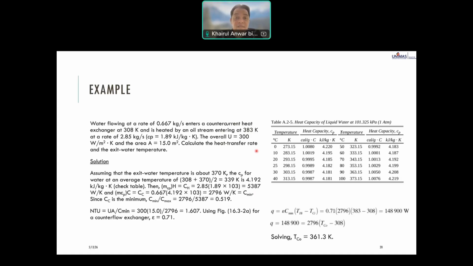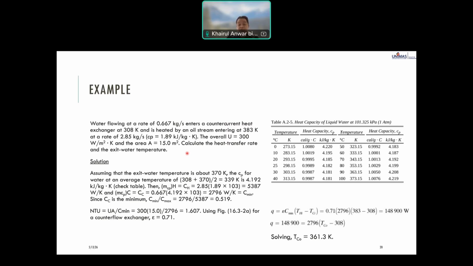Example: water flowing at a rate of 0.667 kg per second enters a countercurrent heat exchanger at 308 Kelvin and is heated by an oil stream entering at 383 Kelvin at a rate of 2.85 kg per second, with viscosity 1.89. The overall heat transfer coefficient, U, is 300 and the area is 115 meters squared.